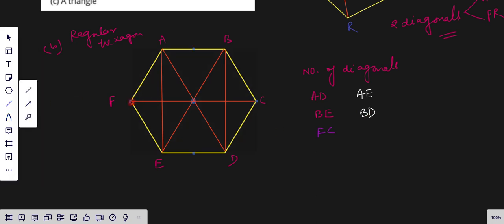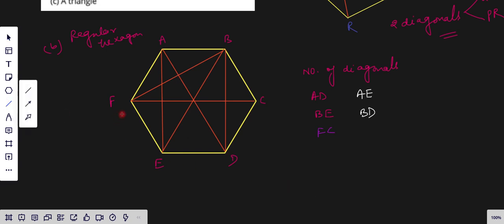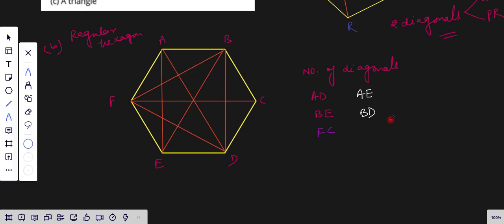Then I can draw one diagonal from F to B, so this diagonal is FB, and I can draw one diagonal from F to D. So FB and FD are the two diagonals, right? So these are the diagonals: FC, FB, FD, AD, BE, AE, and BD.